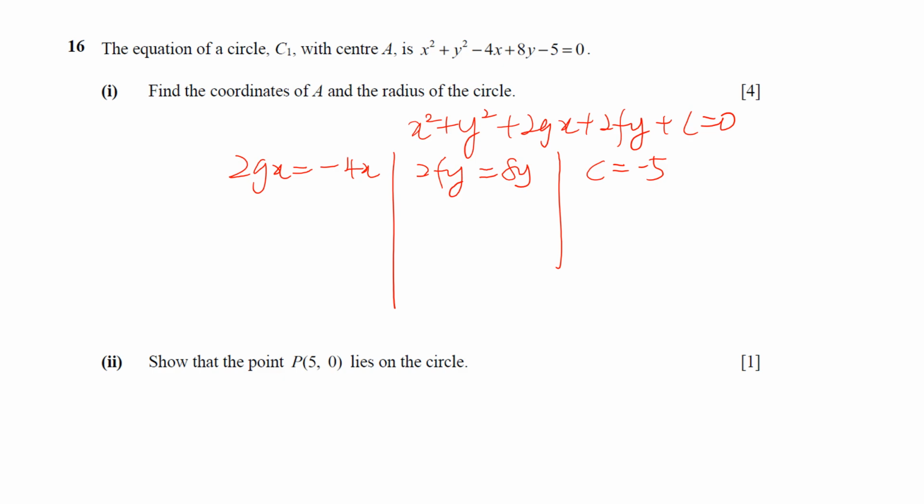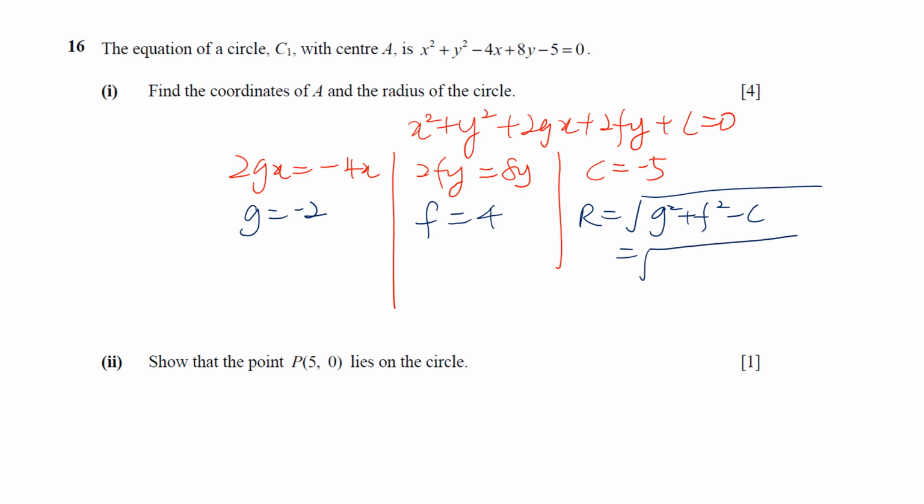Okay, so with that, divide by 2x on both sides. g is negative 2. Divide by 2y on both sides, f is equal to 4. So radius is equal to the square root of g squared plus f squared minus c.